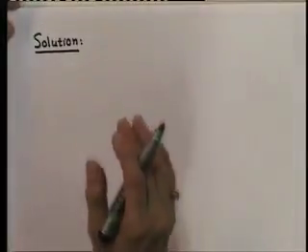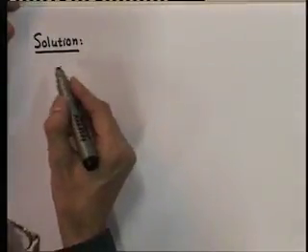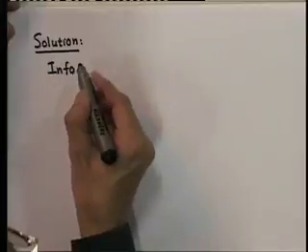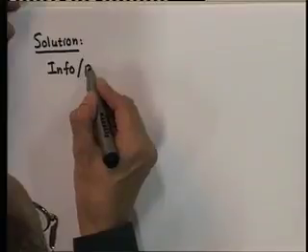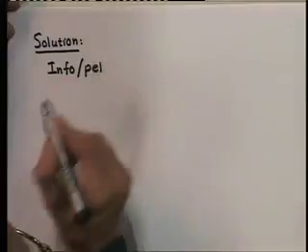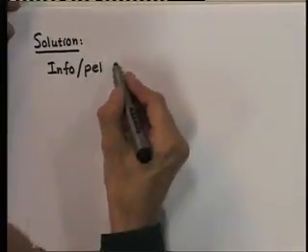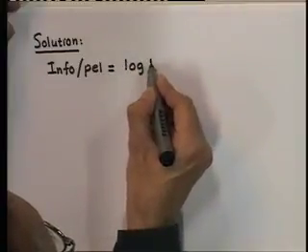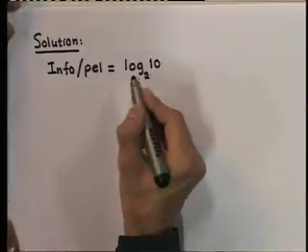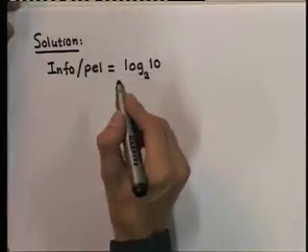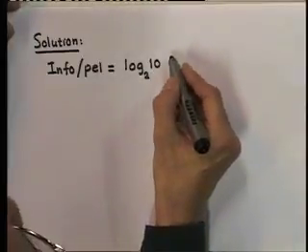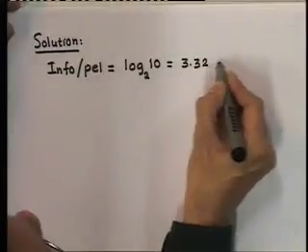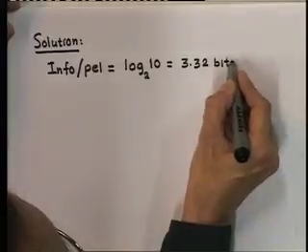First, let us calculate information per picture frame. Information per picture element, that is known as PEL, is equal to log of 10 to the base 2, assuming all the brightness levels are equally probable, which gives 3.32 bits per PEL.